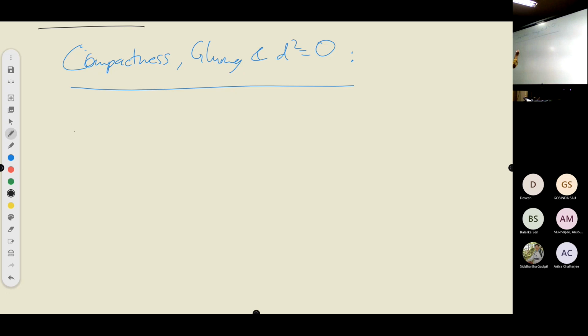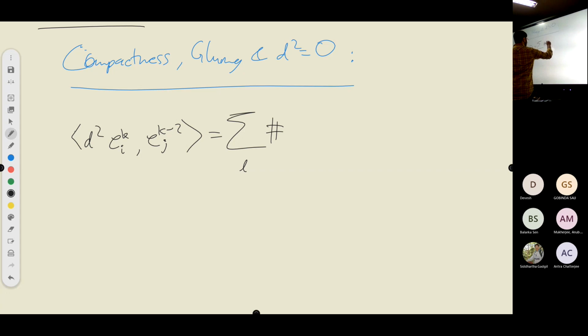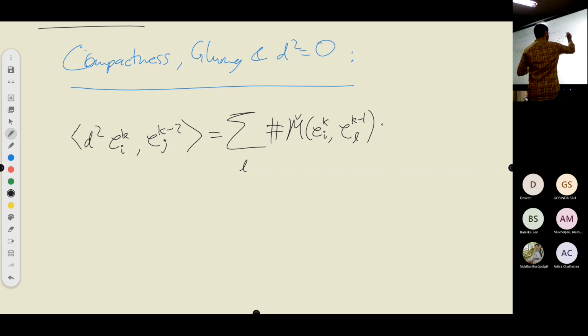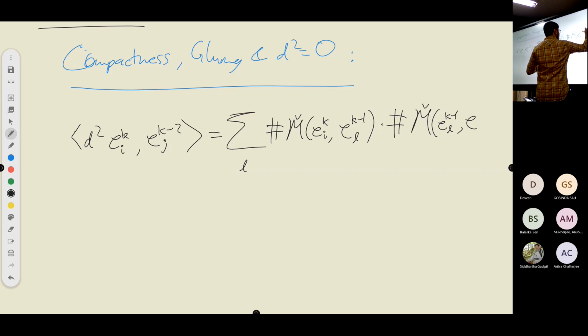So to start off, let's compute what d squared is. This is a sum over L, let's say. So d squared is going to be a matrix and the matrix entries are given as follows.